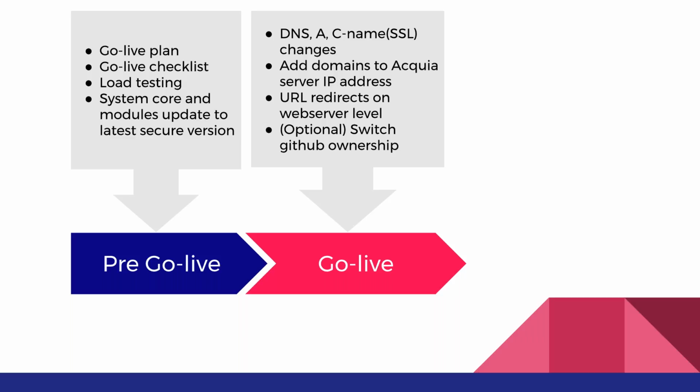Usually it's at the htaccess level or just the redirect module within Drupal. And in case the client would like to get ownership of the repository, we just switch the owner of the GitHub repository or move it to Bitbucket or any service that will host the repository.